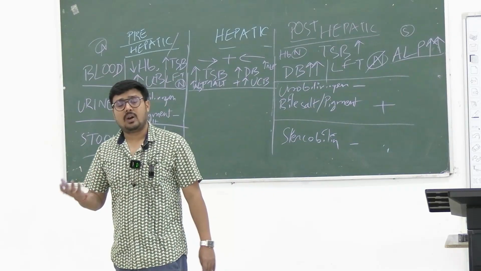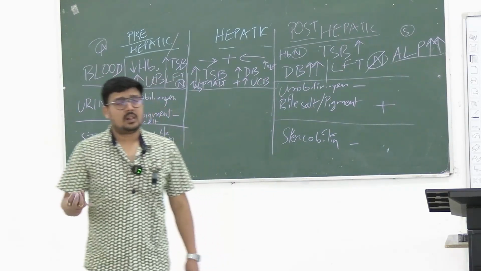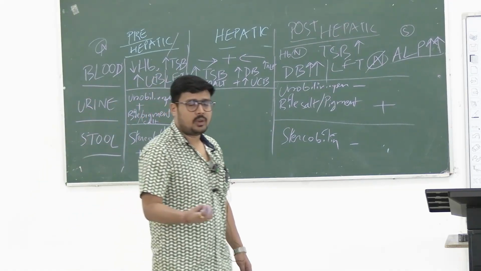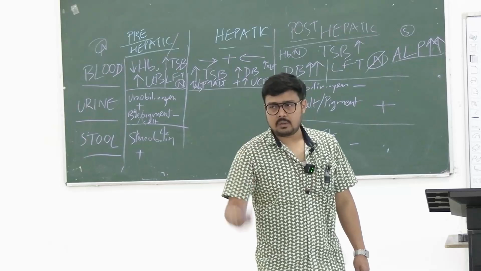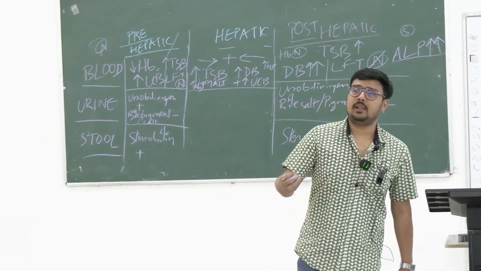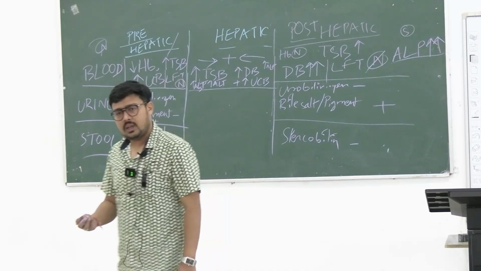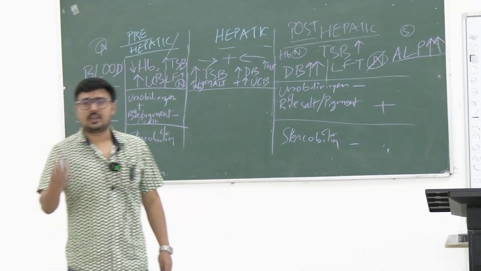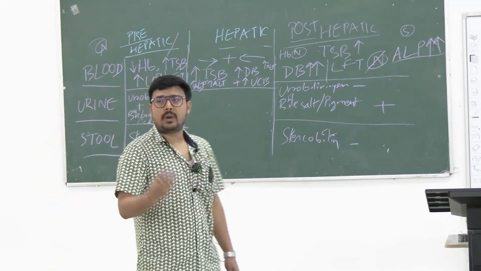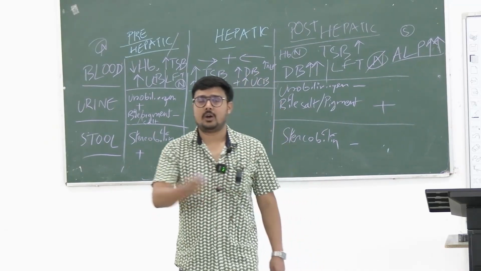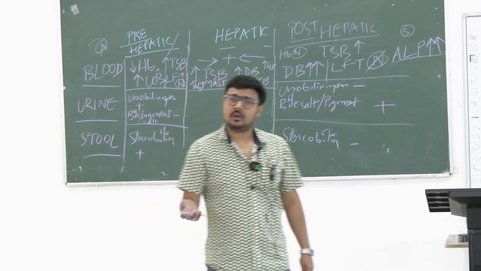So what will be the possible investigation findings? Total serum bilirubin will be increased, direct bilirubin will be increased, ALP or alkaline phosphatase will be heavily increased, okay? USG or CT scan will show a growth compressing the common bile duct or whatever there is inside ampulla of Vater or head of the pancreas, okay?